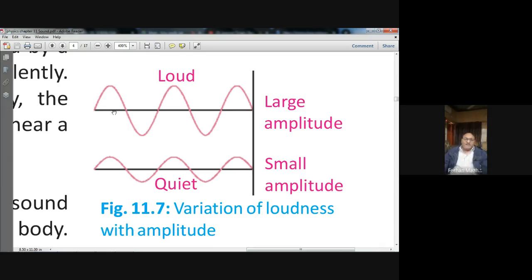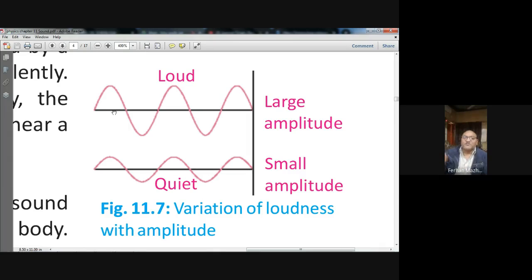So when I represent two sound waves, it's comparing two sound waves. And when I compare two sound waves, the important thing, with regard to the loudness, is that we check what is the amplitude.